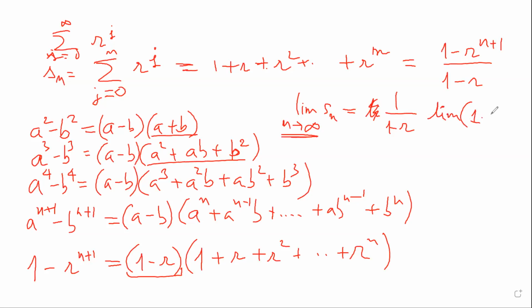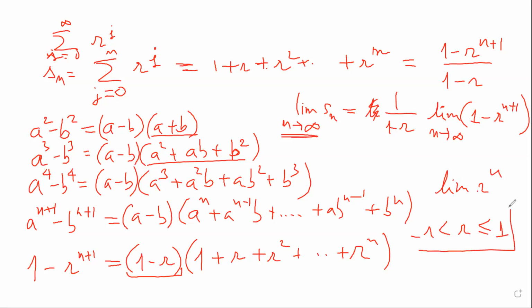And you get this. And we have seen earlier that the limit of r to the n exists if and only if r is between -1 and 1. So this exists if and only if you have this.